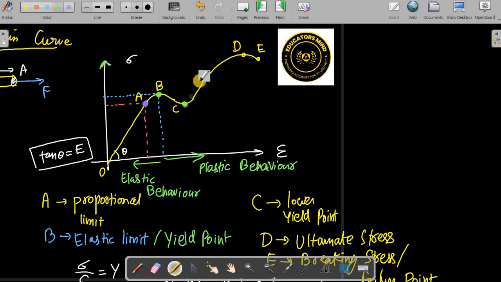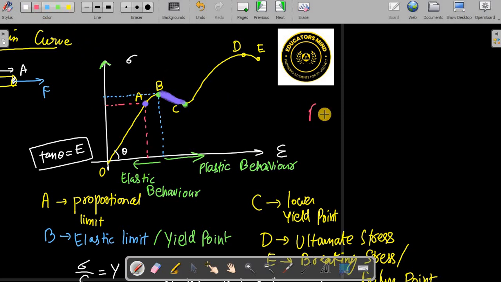But after point C, there is a very steep increase. So we need to note that from B to C there is not much change in the stress, but there is a change in strain.